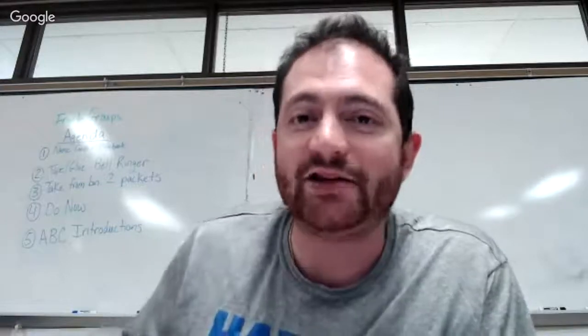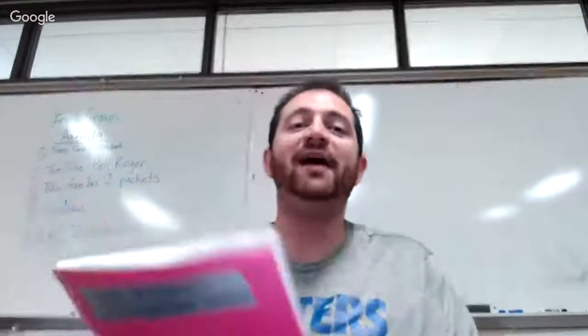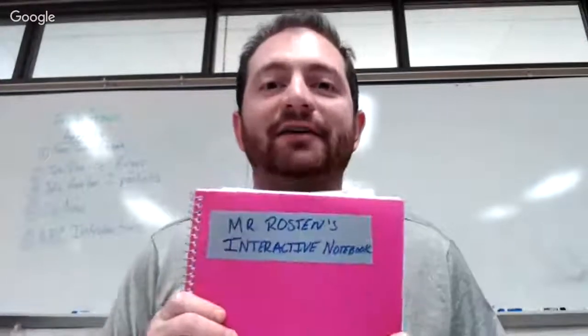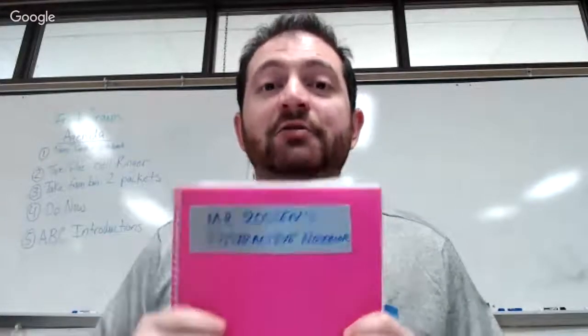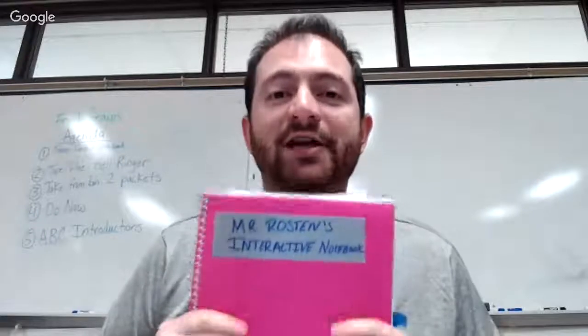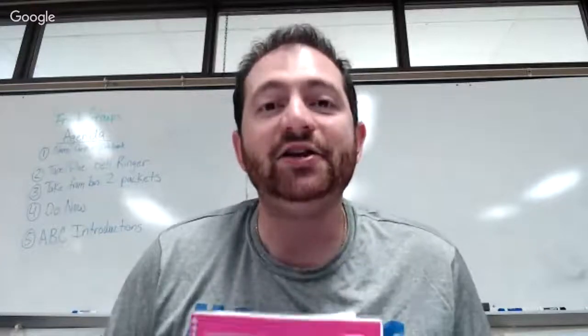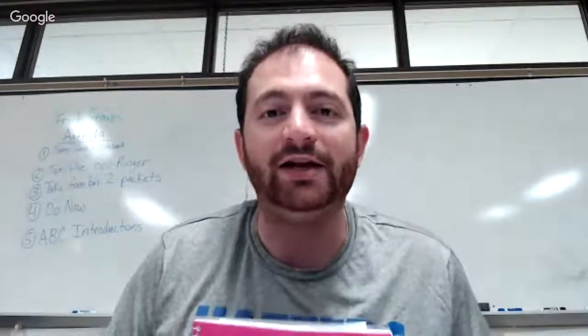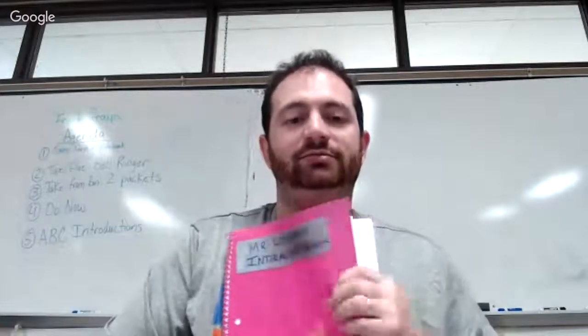Now, I made this announcement in some of my classes, and I know I haven't done it in all, but I've created a hard copy for you. Mr. Rosten's interactive notebook. You can come see it. It's on my front table where you get your name cards every day. So during team enrichment, if you want to make sure that your notebook is ready and raring to go and you're going to get 100, you will check this notebook. It's got everything in there. Our primary, secondary sources.